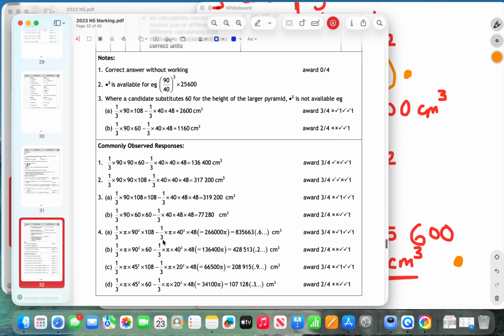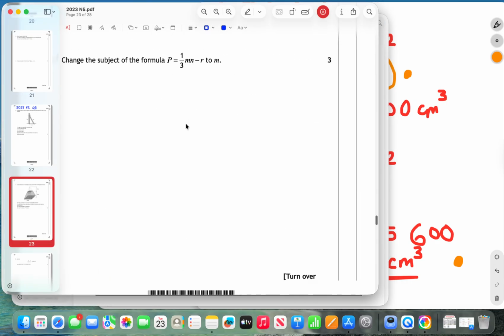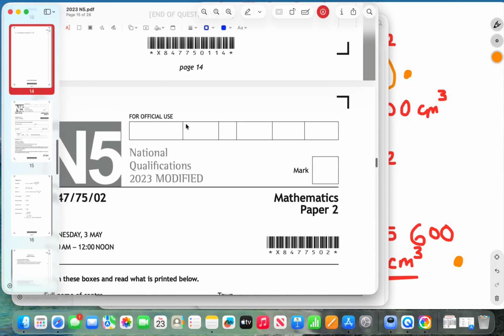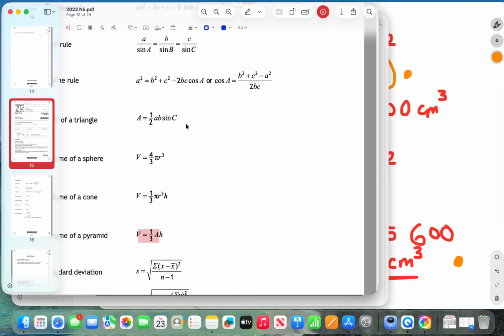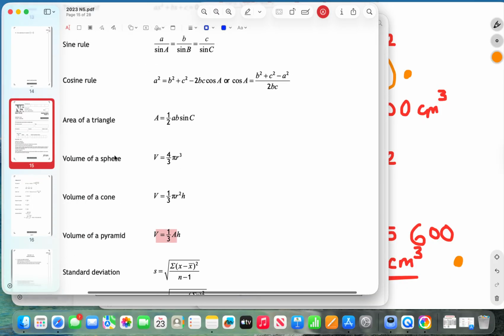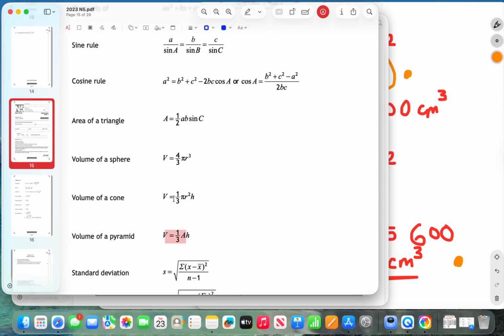Then there's a lot of commonly observed responses. A lot of these involve pi, so I can imagine that they've used the wrong formula. So they've used one of the other ones. If we take a look, 1/3 pi r squared height is the volume of a cone. Many pupils use that or the sphere.